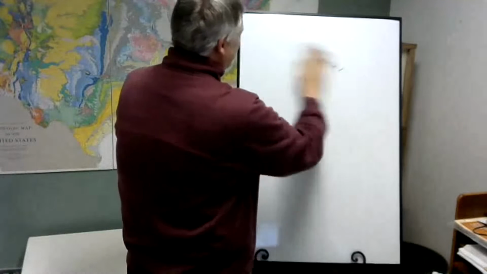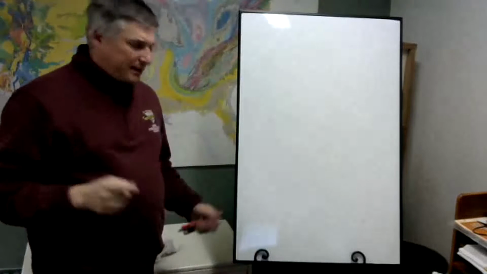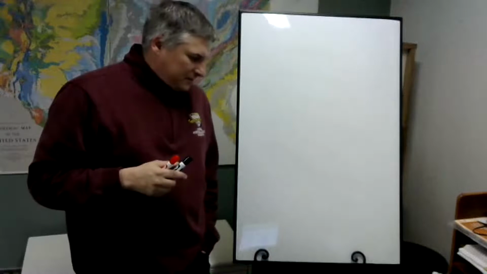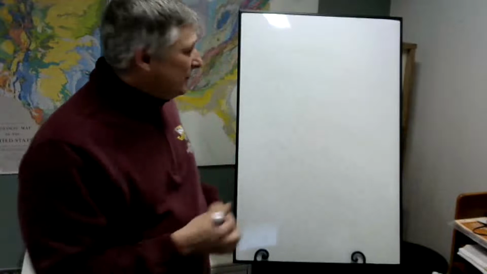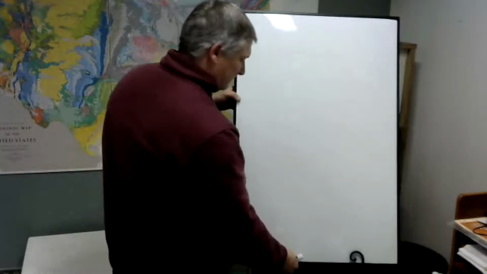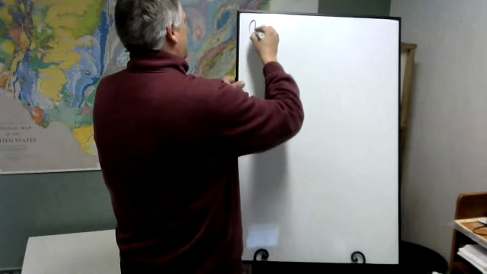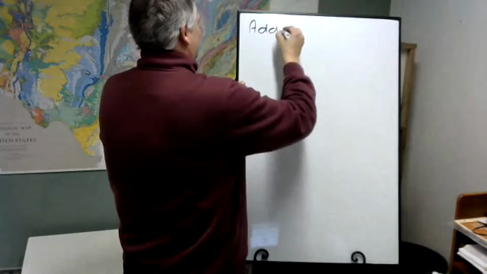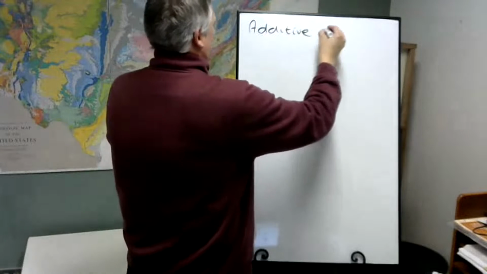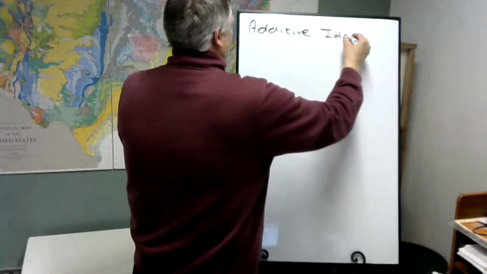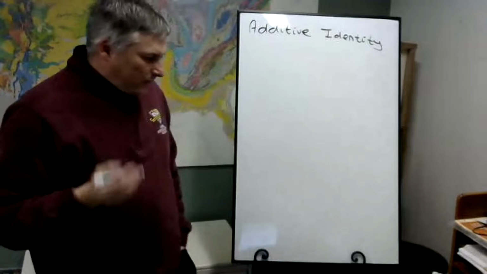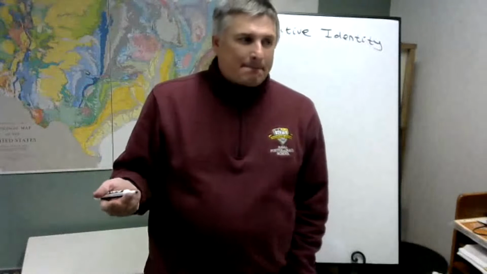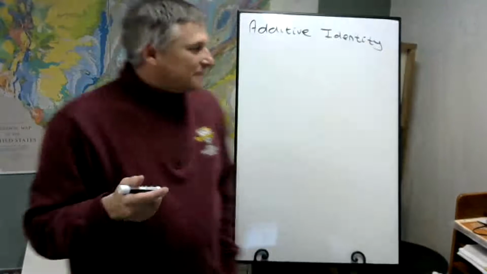Now, what's going to become important in algebra later is these special numbers. And these are what you might call your identity properties. And what it says is this: if you add 0 to any number, you just get that same number.